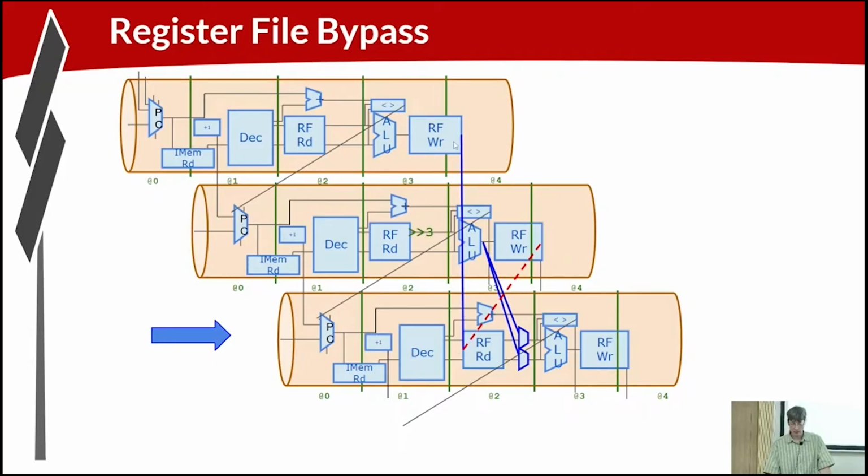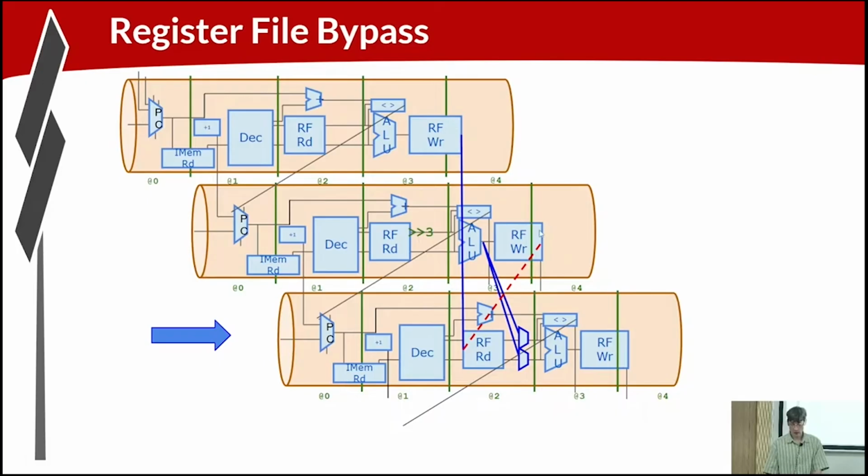We can access that value in time to write the register file. This is the path that, when I showed the warp 5 waterfall diagram and the hazards there, I was assuming was too tight to meet. We're going to assume that we can meet this path, but the path from back-to-back instructions we can't meet. For that, the register file would be producing a value here that we need here.